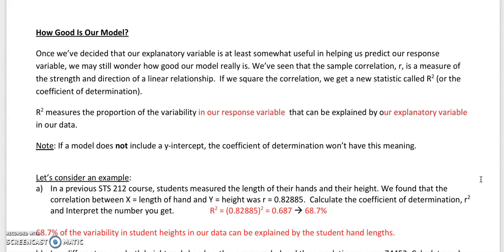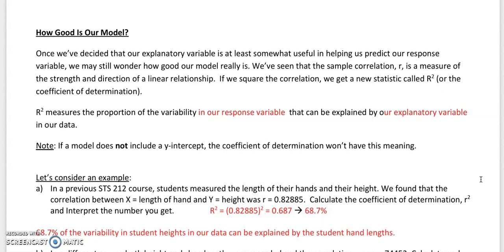So essentially, knowing a student's hand length, you can explain a lot of the differences that you see in height from student to student. Now, I'm not going to know exactly how tall a student is just based on their hand length, but I'm going to have a lot better idea than if I didn't know that information.